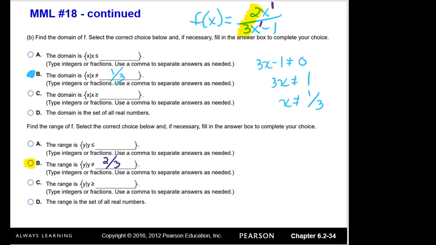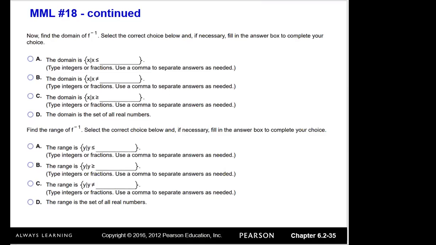And then that brings us to the next part, the last slide, which then asks you for the domain and the range of the inverse. Now find the domain of f of -1. That's what they want here. Well, just keep in mind, I already know the domain and the range of the original function.